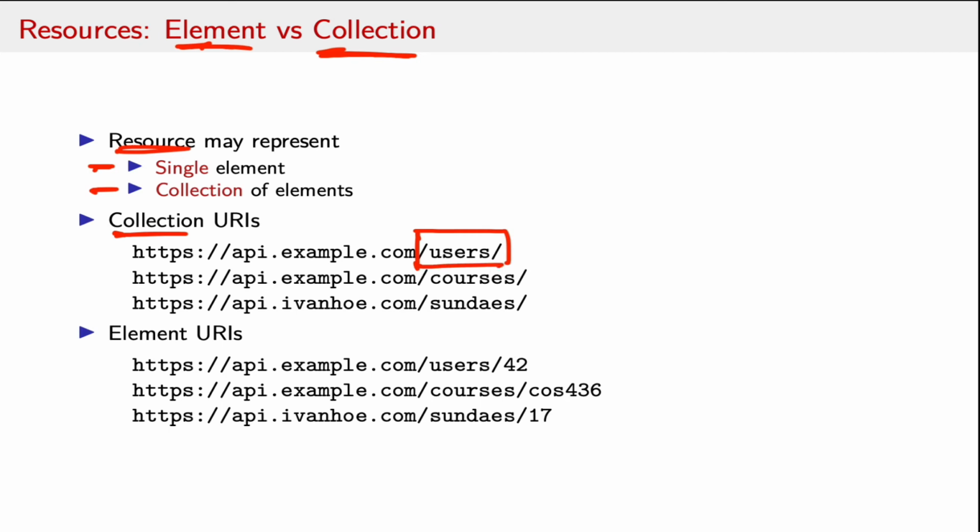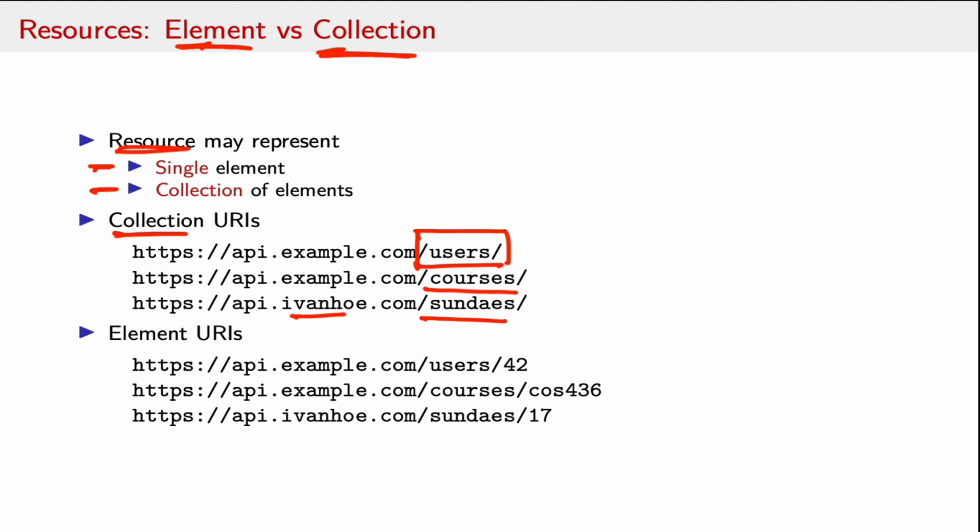In this case, it's a collection of users. We might refer to a collection of courses. We might, if we're talking to the Ivanhoe web API, refer to a collection of Sundays, right? And we can request actions performed on these collections by using the appropriate HTTP method, or verb as we've been talking about it, against a collection.